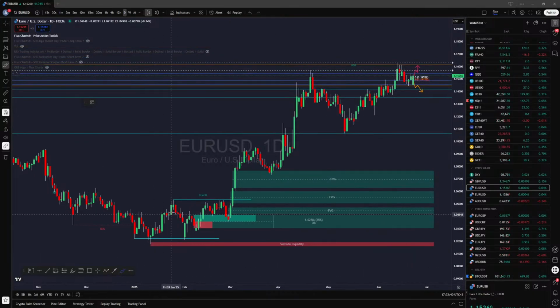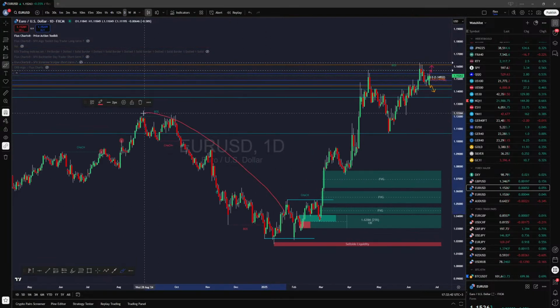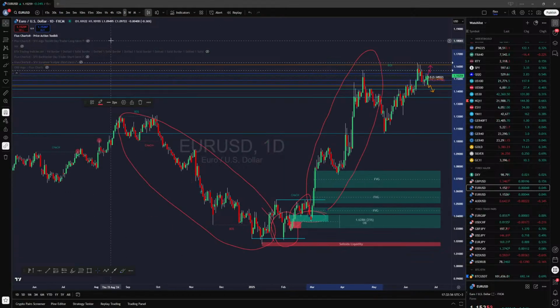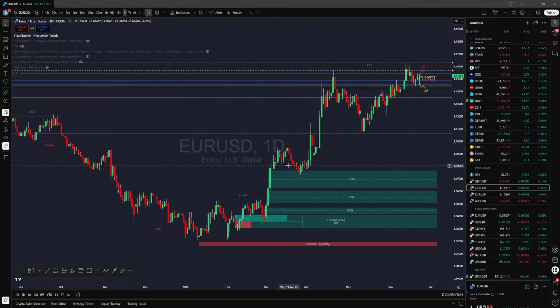So here you have huge accumulation. This is manipulation, pump, test this move, and then we had distribution, final distribution. So let's start with it. I will explain everything, so don't worry.